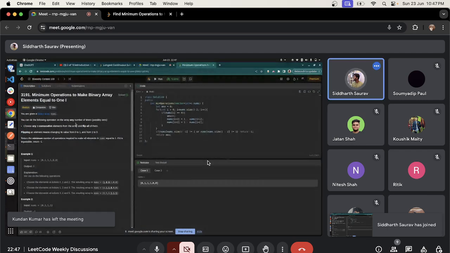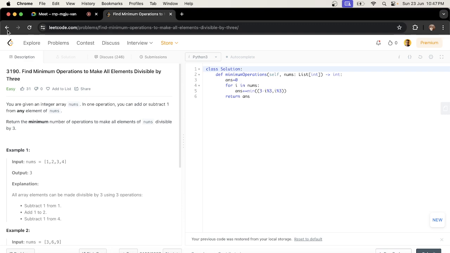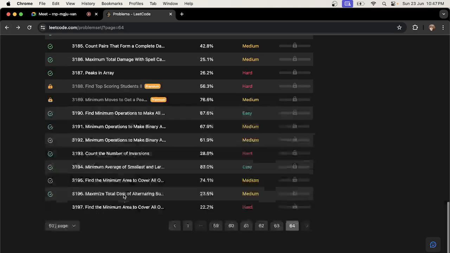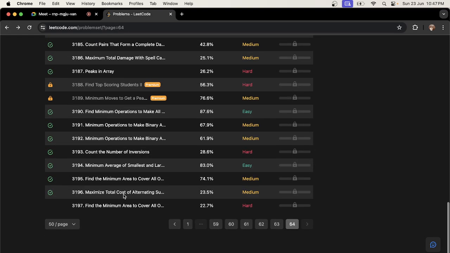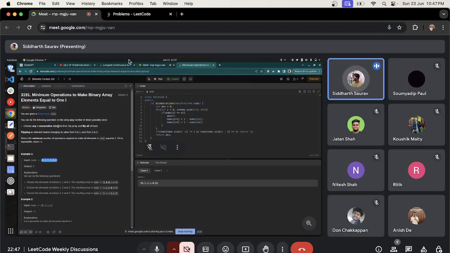Okay. So in this question, we are given a binary array, and you can do the following operation on the array any number of times: choose any 3 consecutive elements from the array and flip all of them. Then return the minimum number of operations required to make all elements equal to 1.